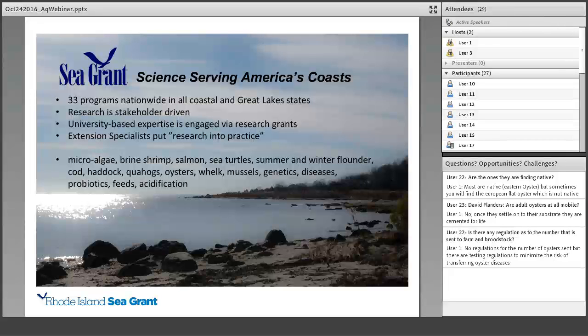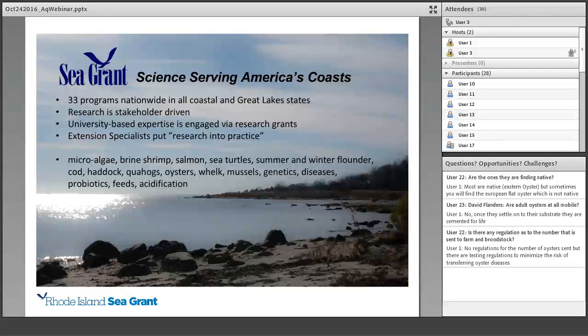What I'm going to talk about this evening is research that we've conducted that has some relationship directly with aquaculture. We then have a number of extension specialists like Azure Sigler who work with the researchers and then work with resource managers to essentially take research findings and try and put them into practice.